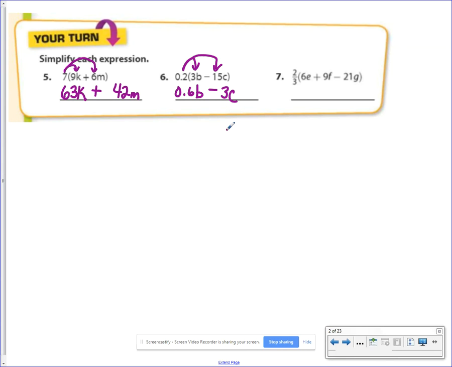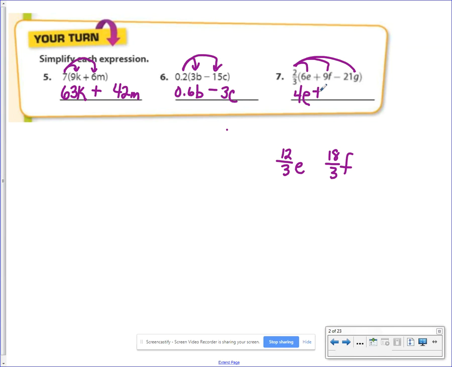Let it be. All right, this one we have 3 terms to distribute 2/3. So take 2/3 times 6e. Let's see, that would give me 12/3 times e, which is 4e. Then take 2/3 times 9f. That would give me 18/3 f.